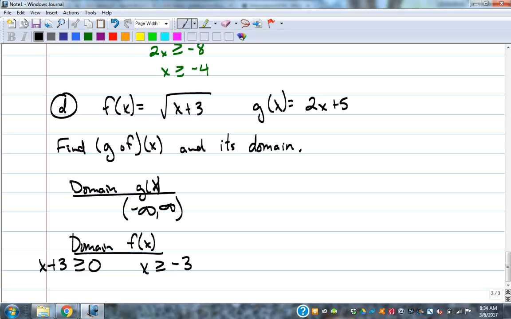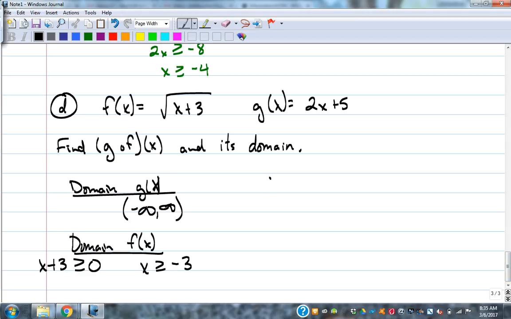If there are no restrictions on the first one, we don't have to do another problem to work anything out, because all we've got is x greater than or equal to -3. We don't have anything to decide about on this one because there's no restrictions. The second one is the one that decides. If there are restrictions here, we would say, okay, well, when does f of x equal whatever the problem values are? But we don't have that problem with this one.